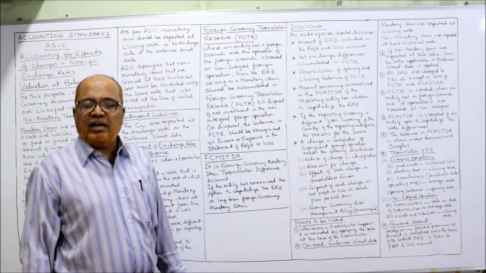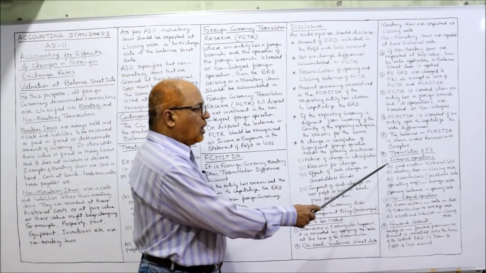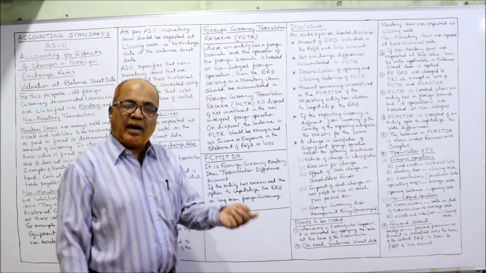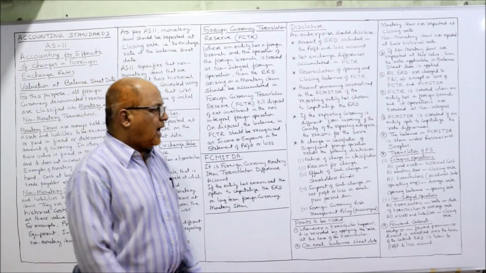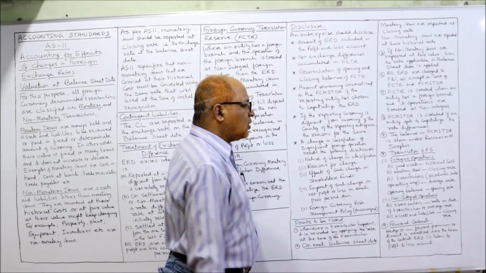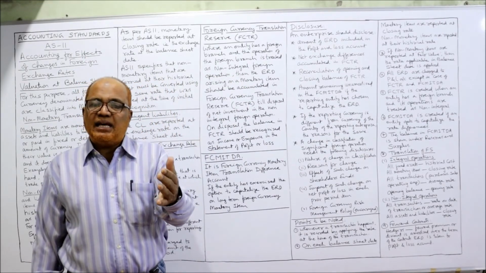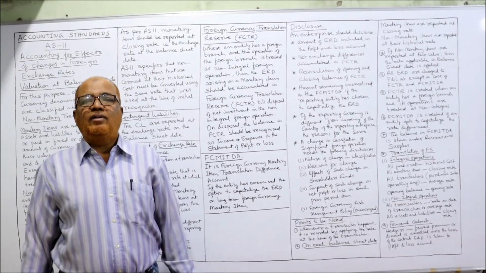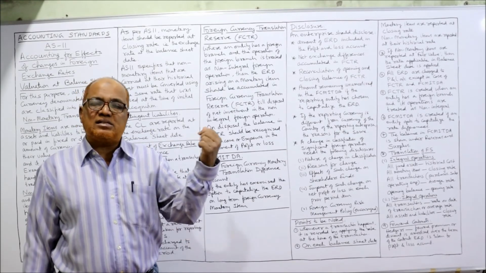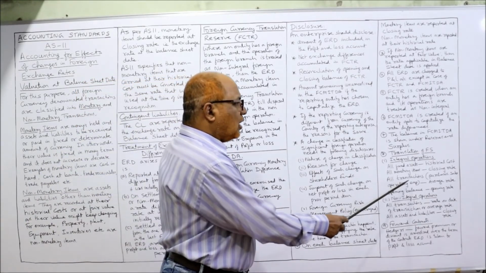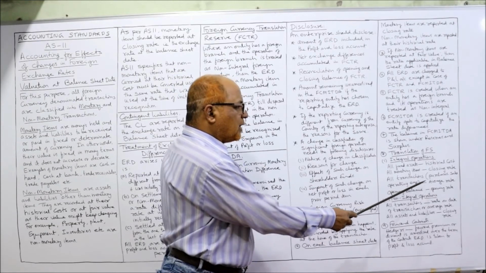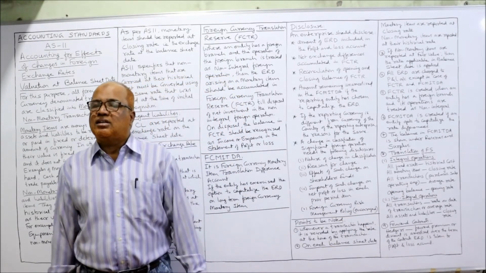If the operations are integral operations, then all fixed assets should be recorded at historical cost and all monetary items at the closing rate. Monetary items should be translated at the closing rate, whereas non-monetary items should be translated at historical cost. All transactions, purchases, sales, operating expenses at the average rate.